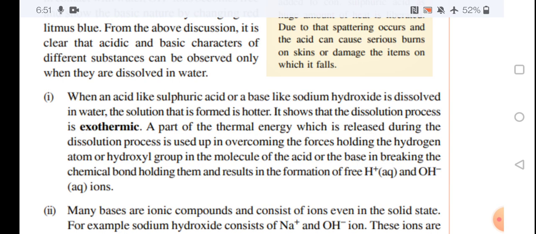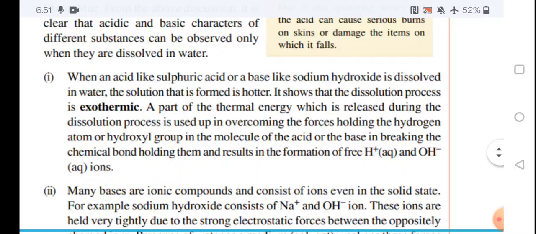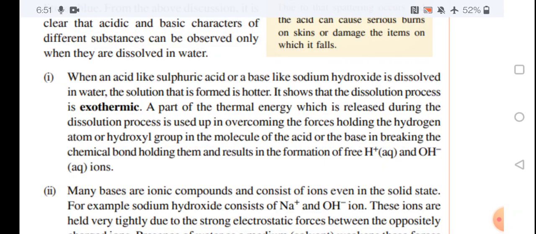A part of the thermal energy released during dissolution is used up in overcoming the forces holding the hydrogen atom or hydroxyl group in the molecules of an acid or base, breaking the chemical bonds holding them, and resulting in the formation of free hydrogen and hydroxyl ions.